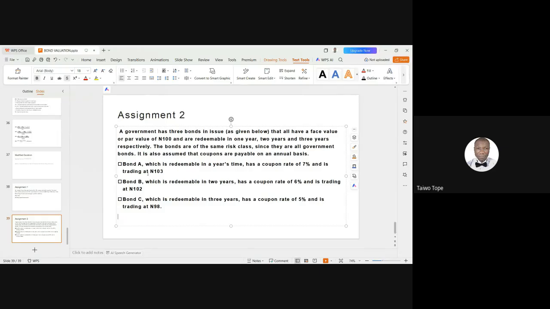Required: calculate the yield curve for the 3 bonds.